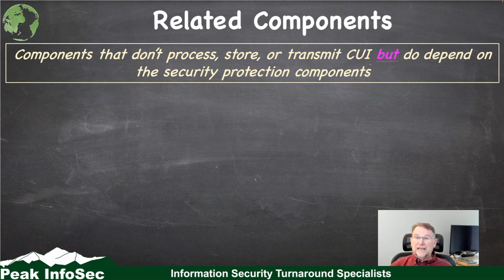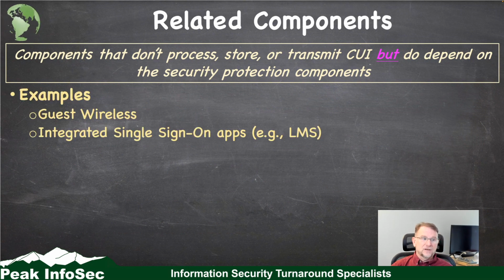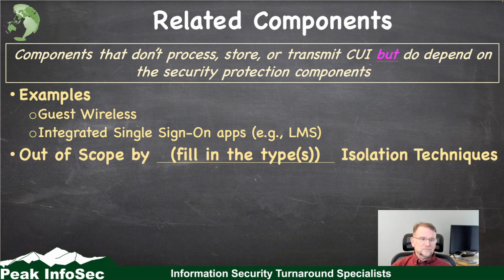Now, for those that are related components, this is where the other two come into play. Again, these are the ones that do depend upon the security protection components. Example list: guest wireless, integrated single sign-on applications, your learning management systems tied to your Active Directory, etc. Now, these are out of scope by the isolation techniques.